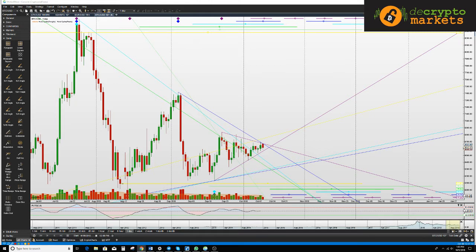We've had a really tight consolidative market. I don't think we really need to go into how tight of a range that is, but I'm looking at Hurst cycles right here.